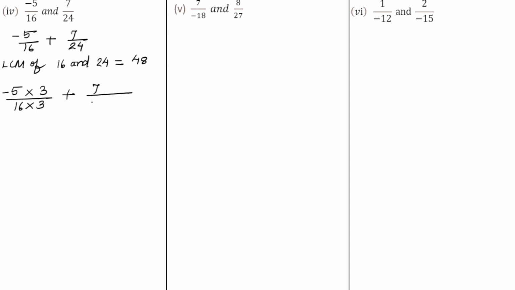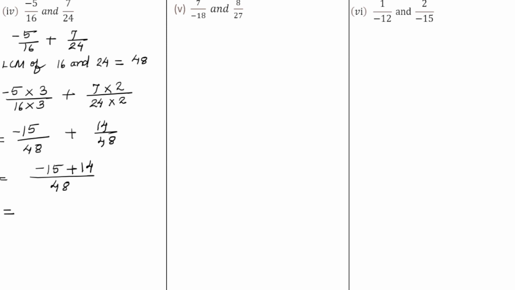Likewise, take the second rational number, multiply both numerator and denominator by 2, because 24 into 2 is 48. The first rational number becomes minus 15 upon 48. Second becomes 14 by 48. Now take the LCM. You get here 48, and it's time to add the numerators. So on simplifying, you get minus 1 upon 48 as your answer.